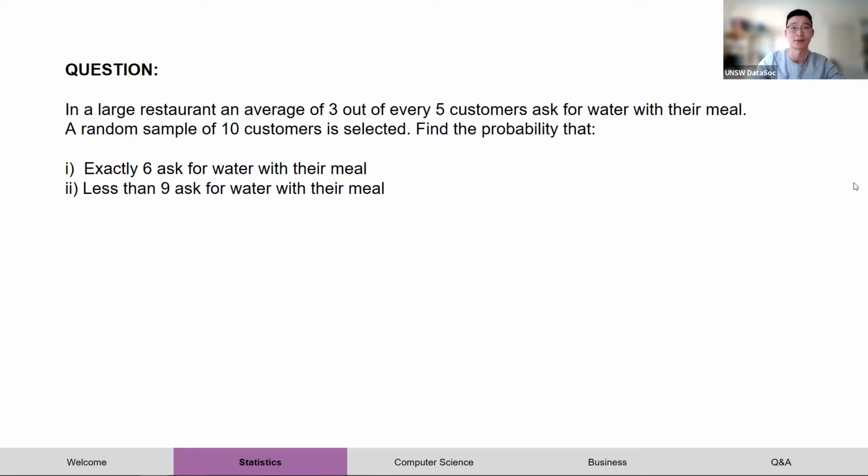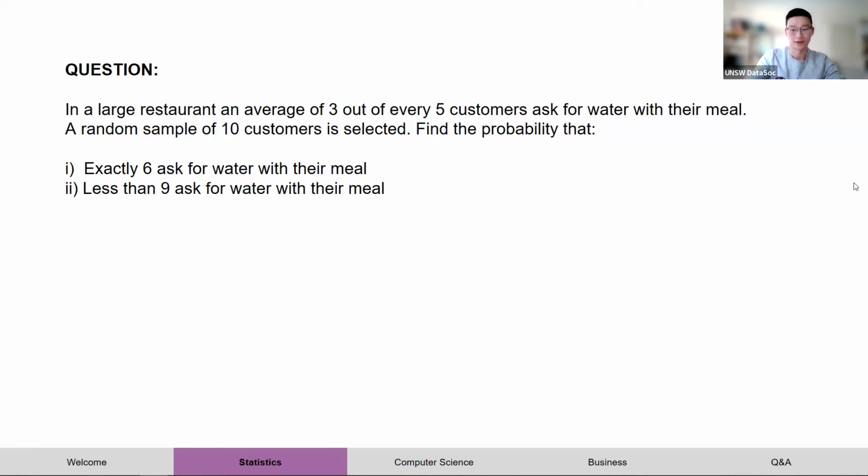So there's a 60% probability of success. Now, in this question, you have a random sample of 10 customers who are selected, so you have 10 trials of some independent event. Here, you want to find the probability that, question 1, exactly 6 people ask for water with their meal, and question 2, less than 9 people ask for water.